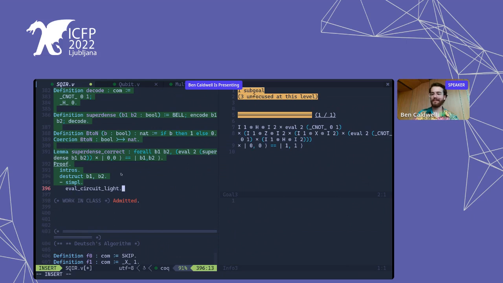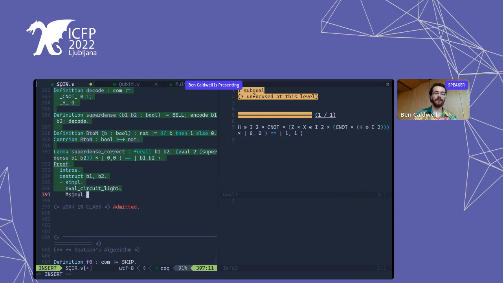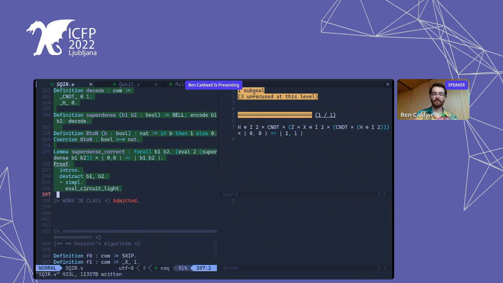We can then evaluate it with these C naughts. We know what these are supposed to look like. We can run some matrix simplification maybe. But at this point, any ideas for what might come next? I think this uses a tactic we haven't talked about, doesn't it? There is some qubit tactic, right?